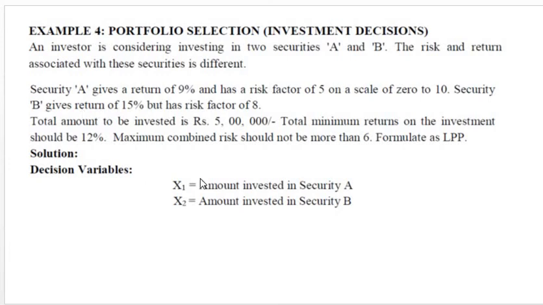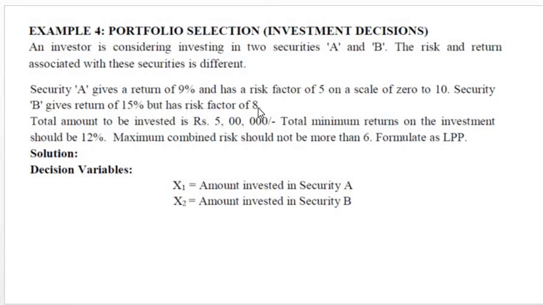So this is another example. Maximum combined risk should not be more than 6. So the data is given in terms of investment in two securities A and B, and the risk and return associated with these securities is different.